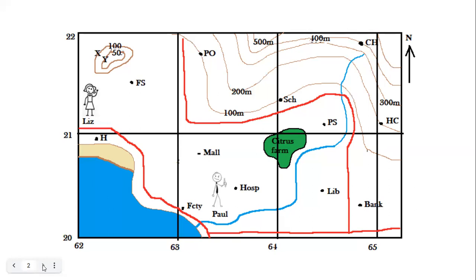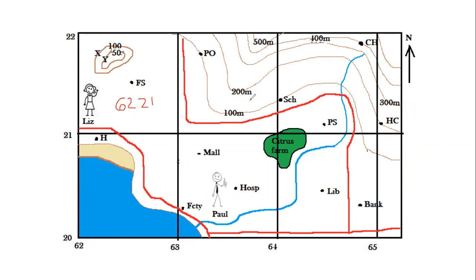As a rule, remember, when we are trying to choose between the two easting lines and the two northing lines, it's always the smaller of the two that we are going to give. So between the 62 and the 63, the smaller of the two is 62. And between the 21 and the 22, the smaller of the two is 21.